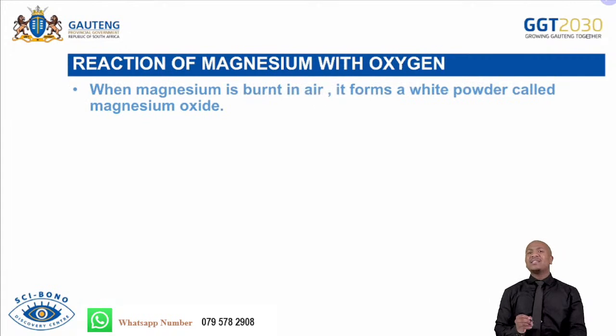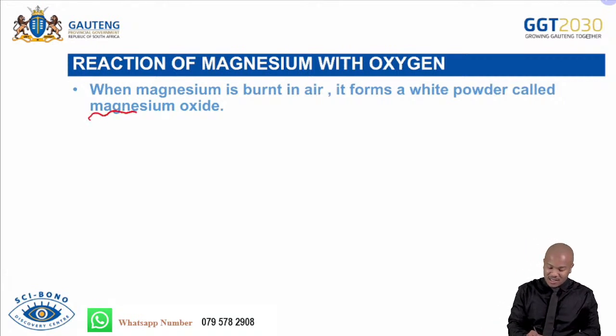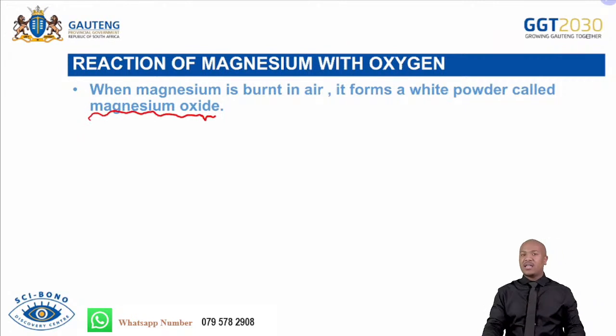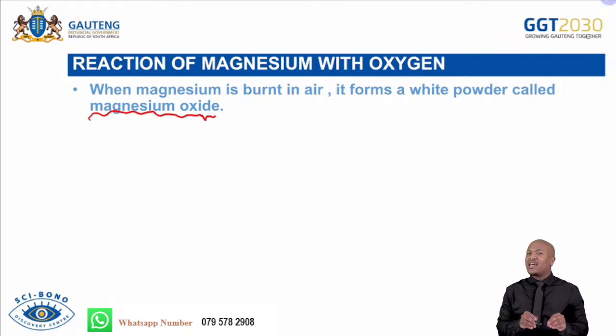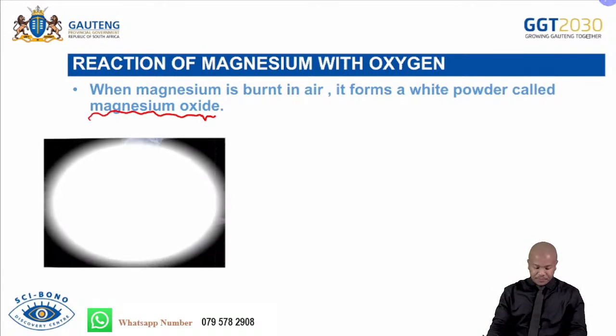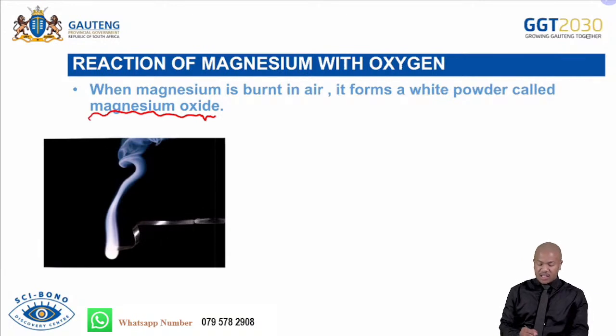So now when magnesium is burnt in air, it forms a white powder called magnesium oxide, right? So we keep this format, right? Metal oxide. The metal in this case is what? Magnesium. So magnesium oxide. So now I want us to look at this picture here.